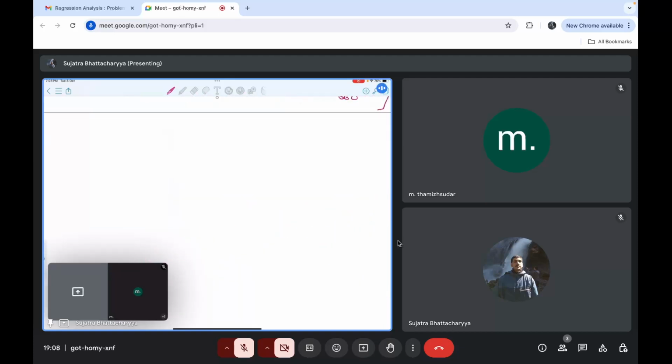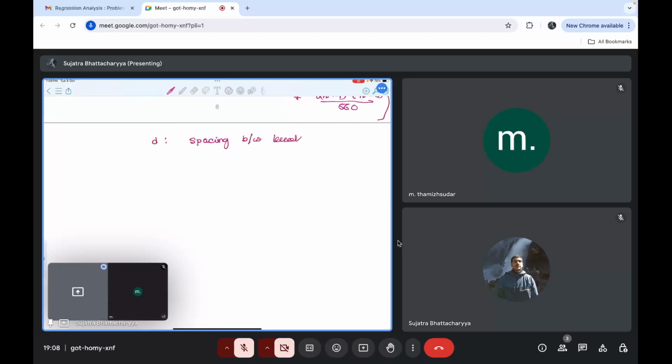So what is d? d is the spacing, the equal spacing between levels of x.